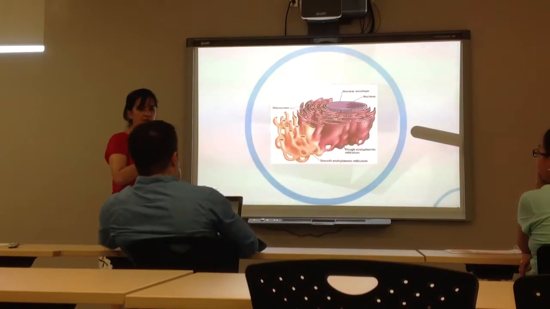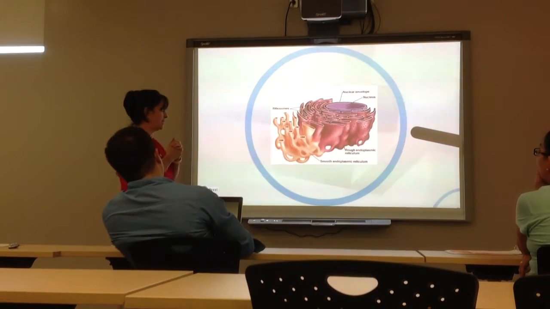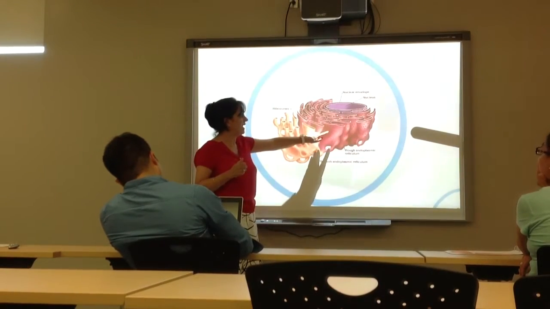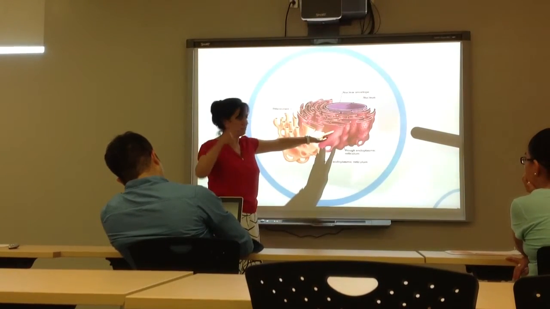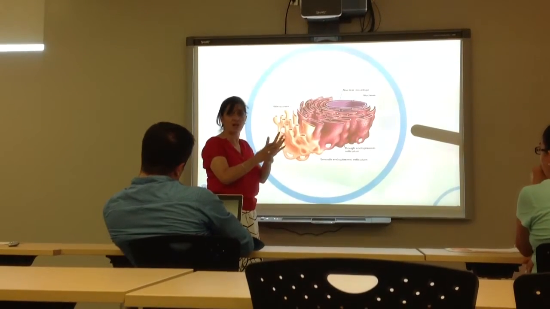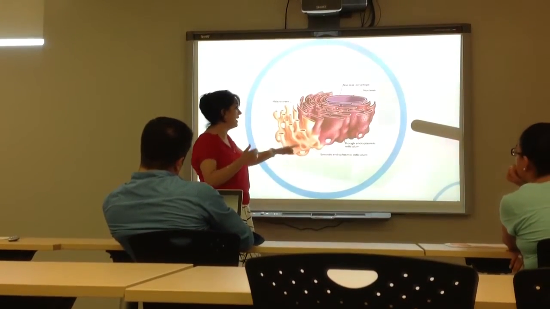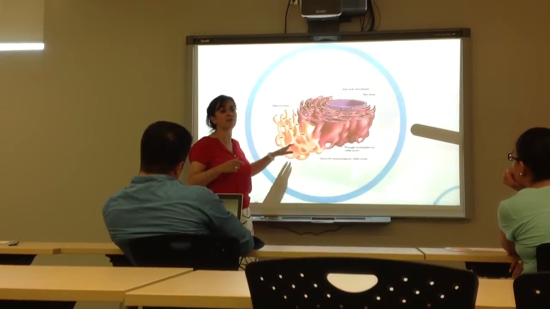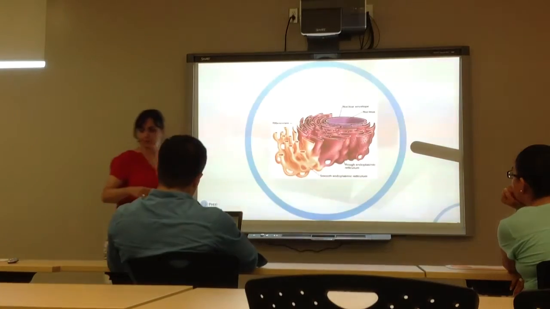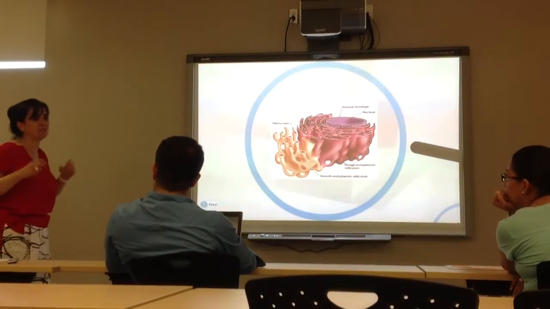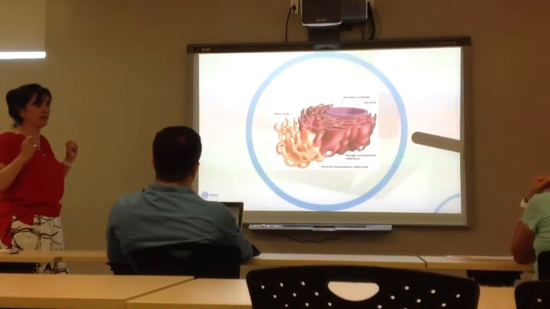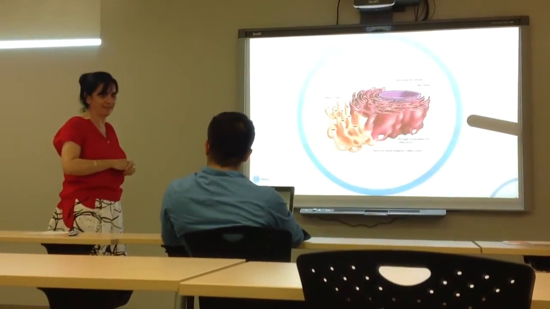The rough endoplasmic reticulum is rough because it has ribosomes attached to its surface. I'm going to tell about the ribosomes in a moment. And we have the smooth endoplasmic reticulum that has no ribosomes. It's the transport system of the cell, thinking of our citizen.